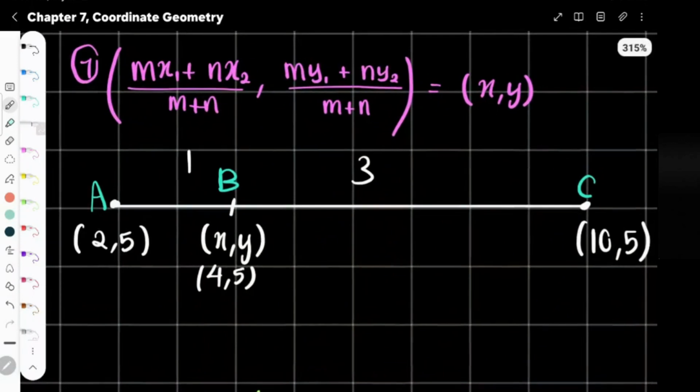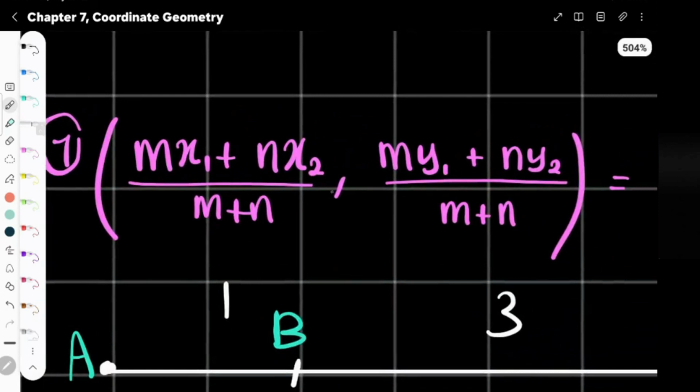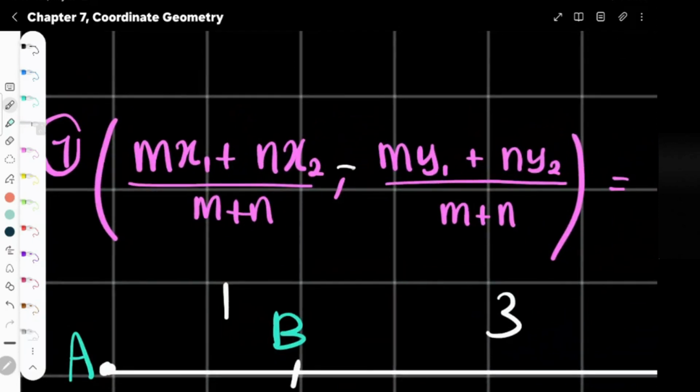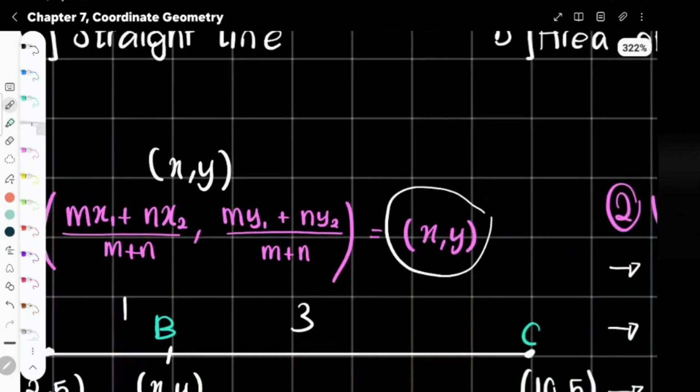So look at this straight line here. You can see we have this formula here. It looks confusing, but it's very simple. If you pay attention, the formula has a comma. It's not plus, it's a comma. That means it is in the same form as a coordinate. There's a comma in between, so this thing is a coordinate.